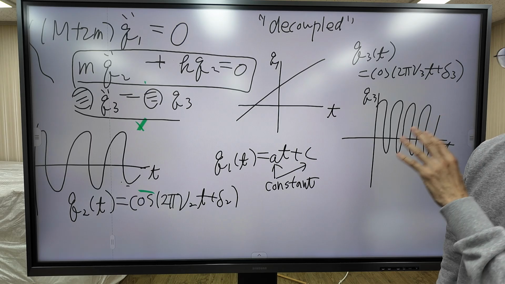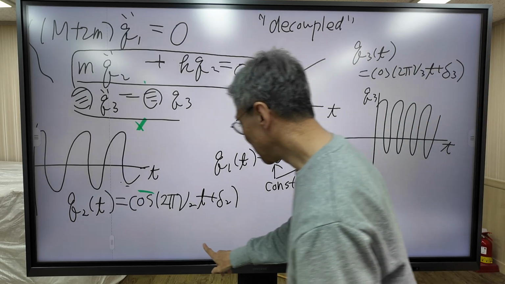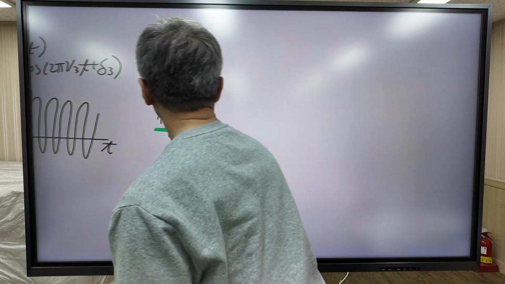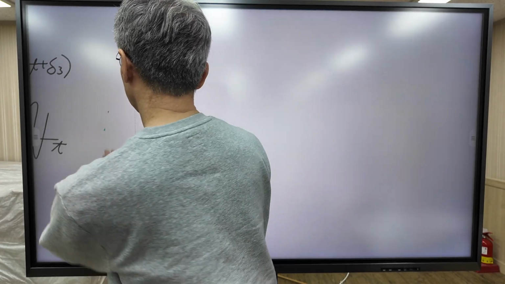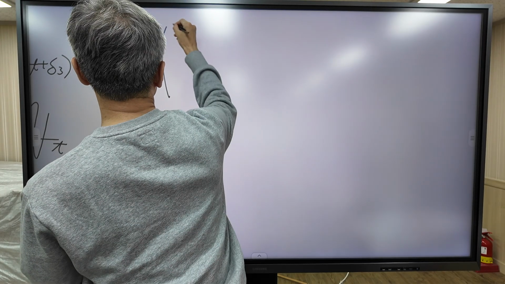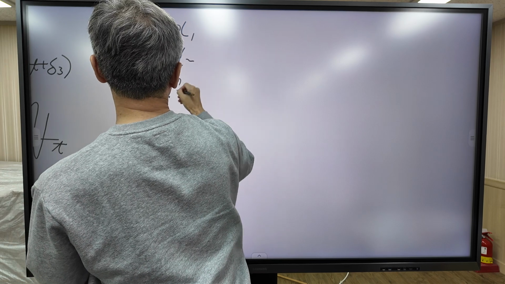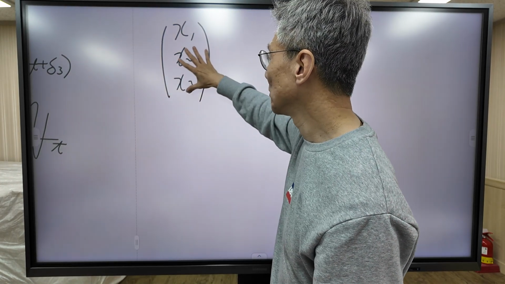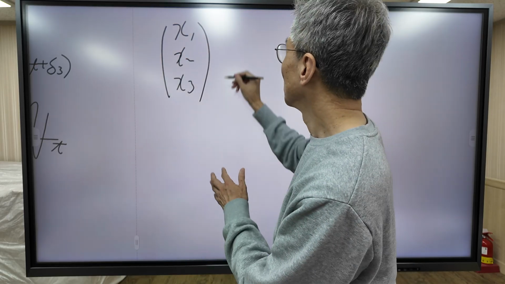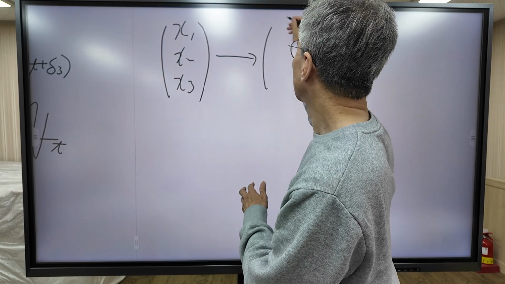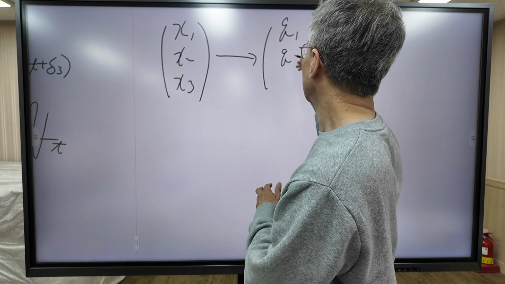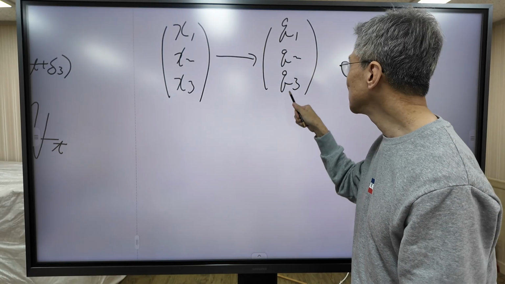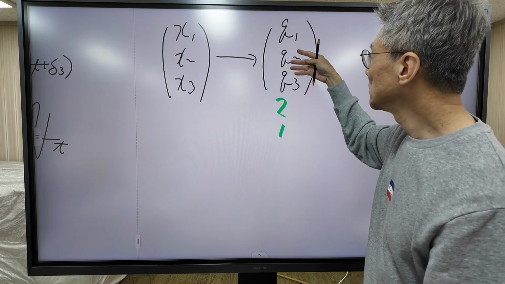Now, this is mathematics, not chemistry. Chemistry begins now. The important question here is: what we have done is this. Initially, the system is described in terms of x1, x2, x3. We introduced new coordinates q1, q2, and q3. The important question is what these coordinates really mean.